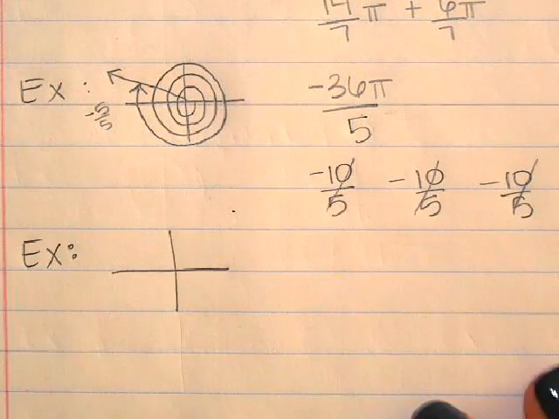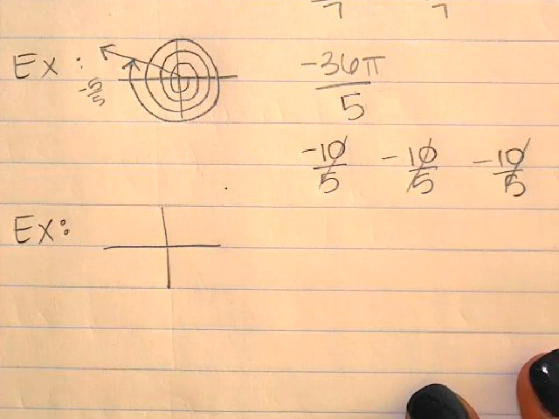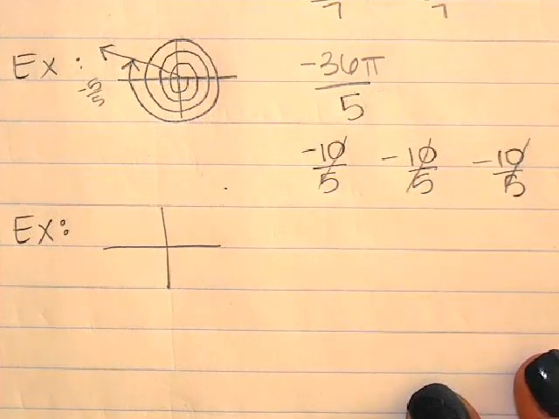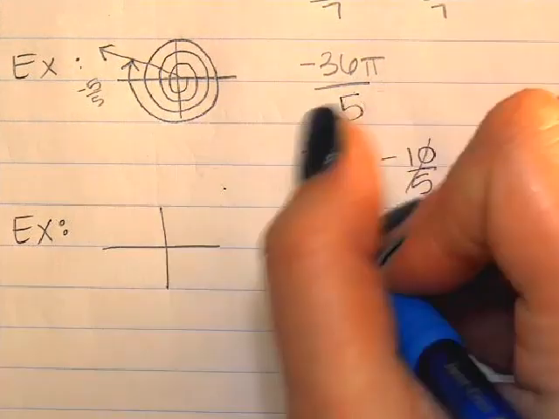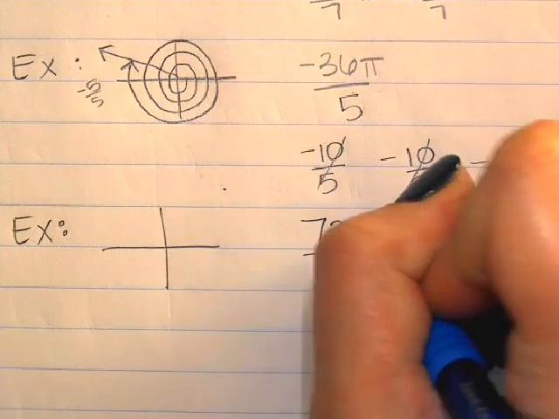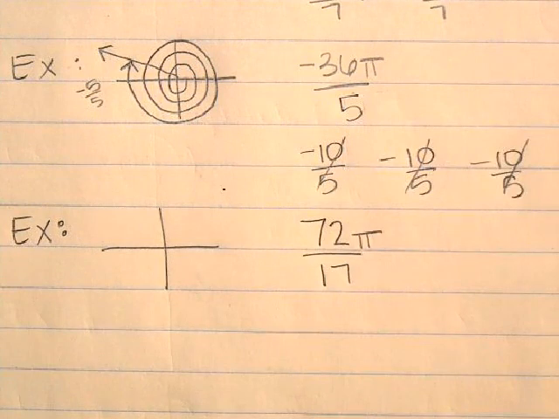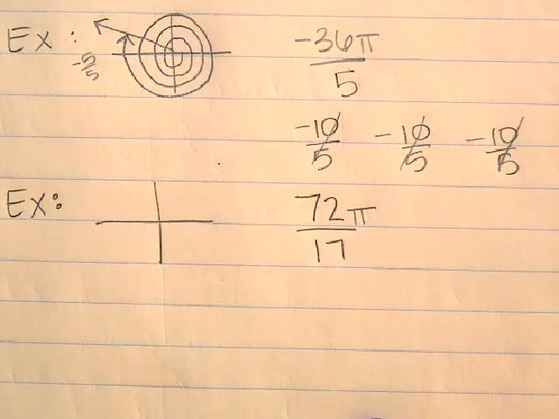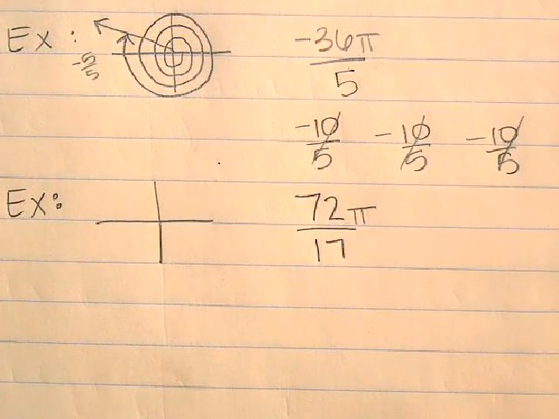Do we need another one of these? You guys are good at them? Okay. What if I say 72 17ths? Those are less comfortable because the numbers are a little bit bigger. You could use a calculator, but we're trying to not depend on the calculator so much.